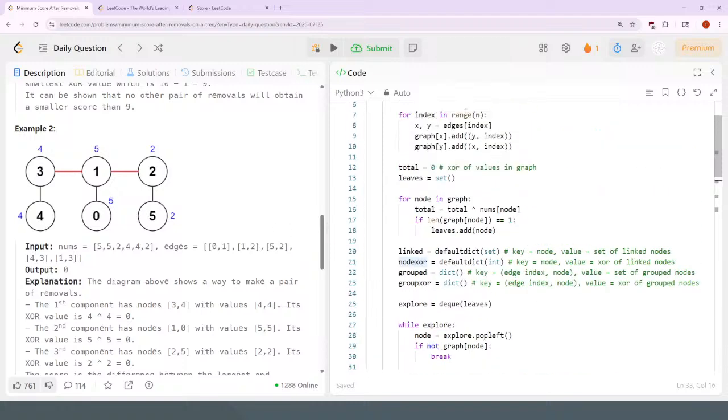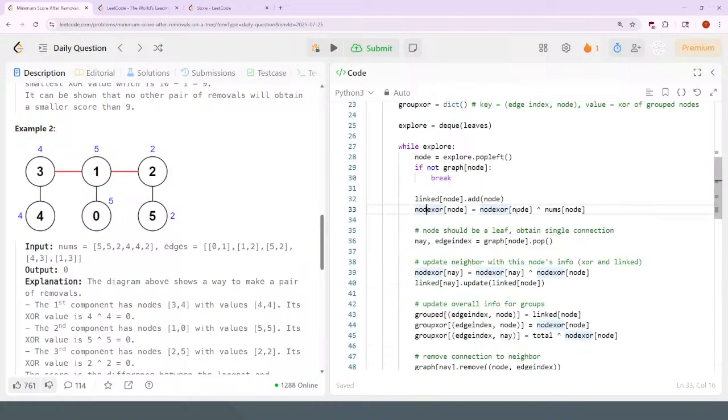Initially it is 0 because it's a default dictionary having 0. And then again, this should be at this point a leaf node, so you can pop from the graph of that node its single neighbor, where the single neighbor has the node and the edge value or the edge index.